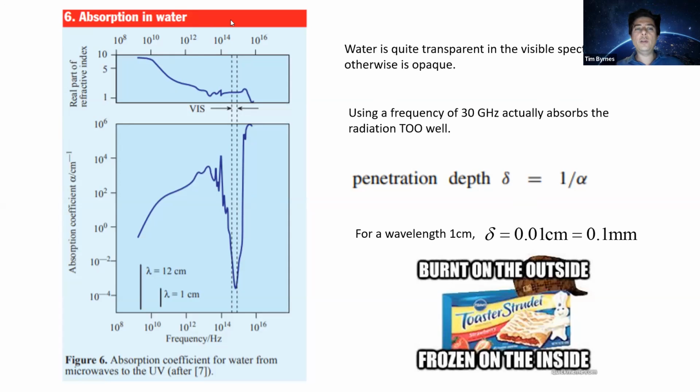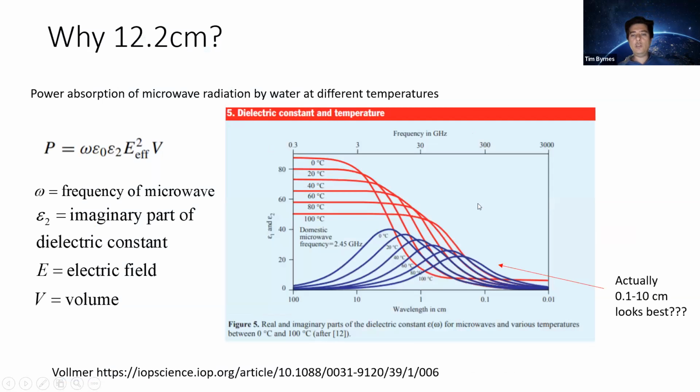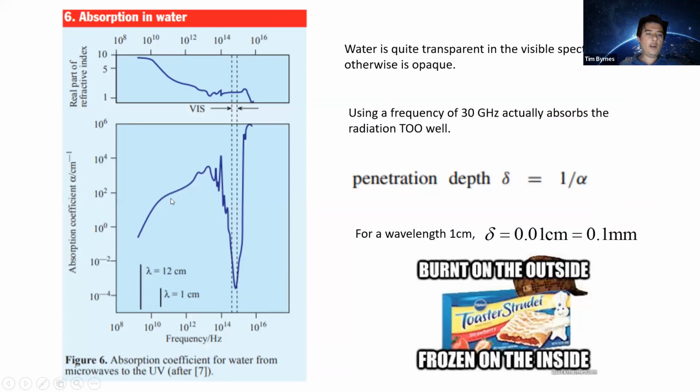So what happens, say if you use a wavelength of say 1 centimeter, which is more in the range where the water absorbs the heat, what you find is that the water is kind of not transparent enough.